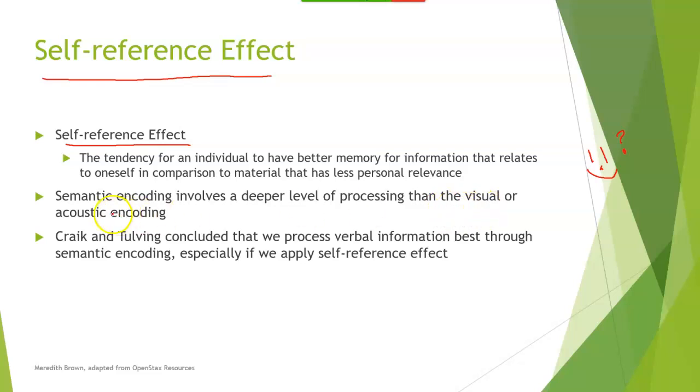Semantic coding involves a deeper level of processing than visual or acoustic. So obviously, because you've got to know the meanings. With acoustic encoding, people are a little bit better than with visual. I had somebody tell me they were a visual learner, so they couldn't just read something. And I explained to them, reading is visual.